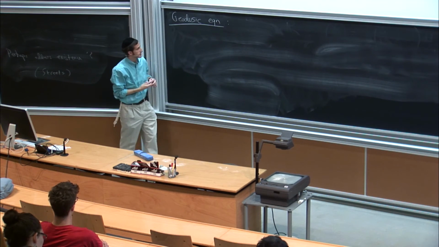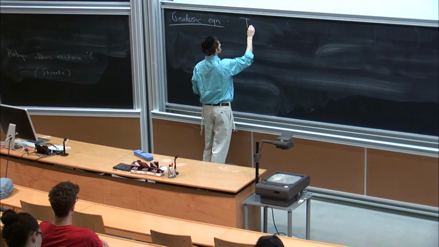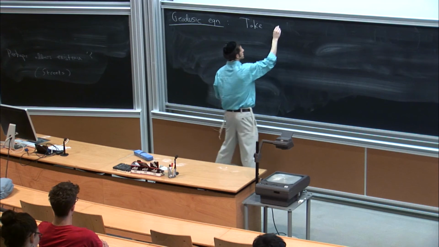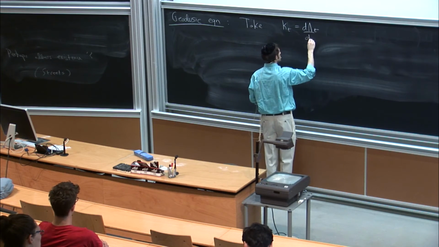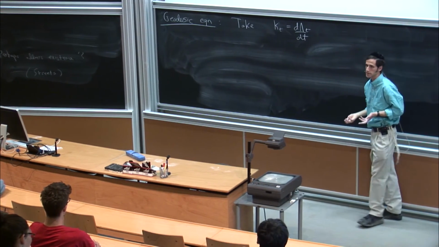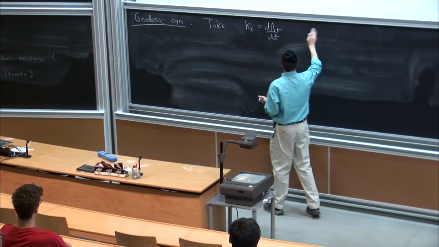So it now says that we should take our vector field along lambda_t to be just the derivative of lambda_t. It has to be parallel.